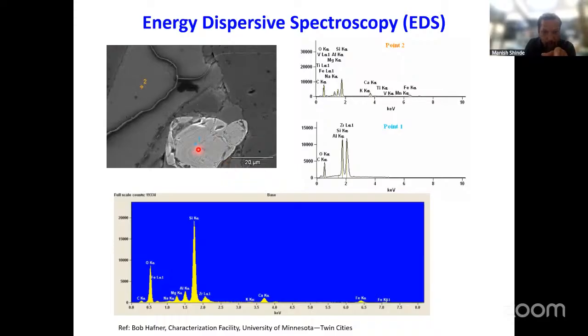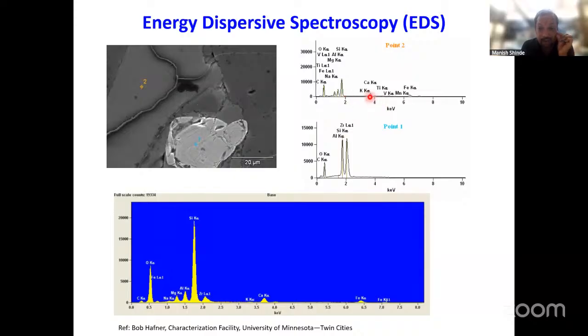Now in point 1, what am I observing? I am observing the presence of zirconium, silicon, and aluminium. At point 2, I am observing silicon and aluminium, but I am not observing zirconium. So zirconium is absent in this particular region. But I am also observing a few extra elements.